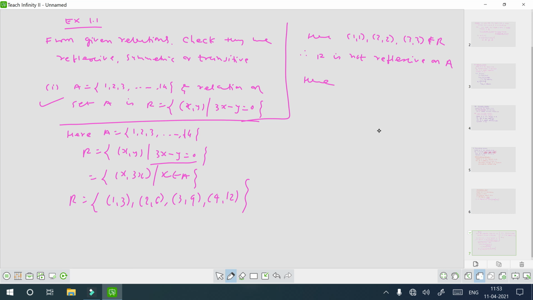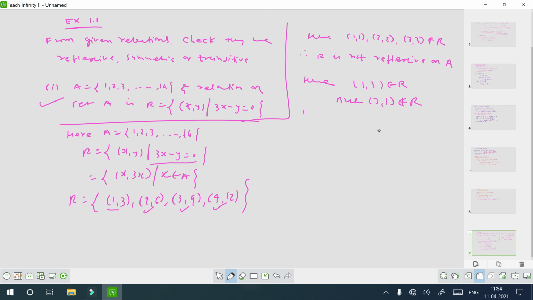Now see here. (1, 3) is there, but (3, 1) is not there. (1, 3) belongs to R, but (3, 1) is not in R. It is enough to give one example. Same way (2, 6) is there, but (6, 2) is not there. (3, 9) is there, but (9, 3) is not there. (4, 12) is there, but (12, 4) is not there.